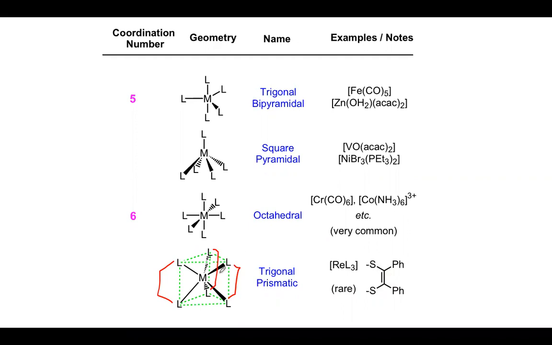Normally you could do something like this in an octahedral complex, but because of the specific shapes of the metal, rhenium, and the ligand here, we don't see it form an octahedral complex, but only really see it form trigonal prismatic, which is very rare.